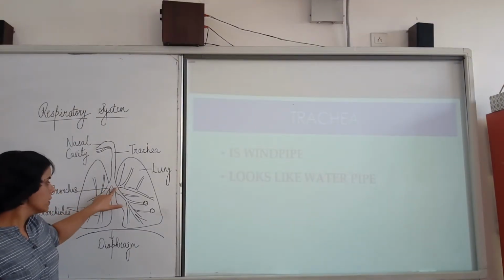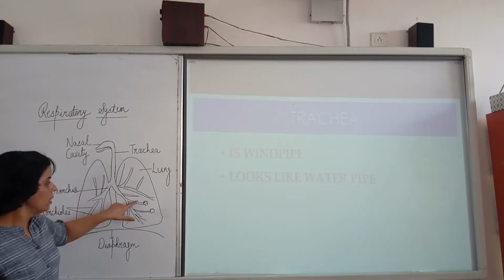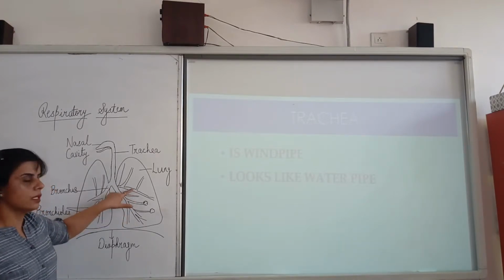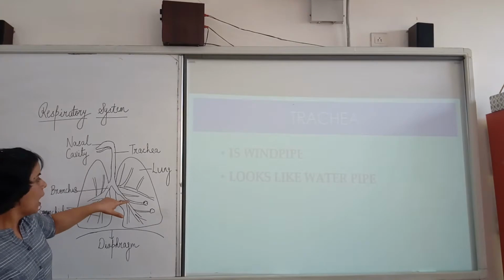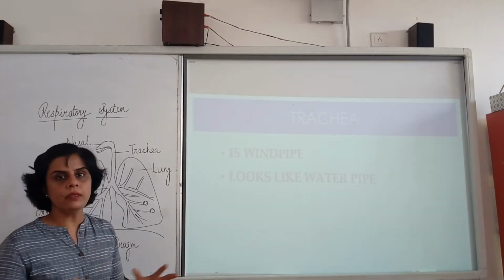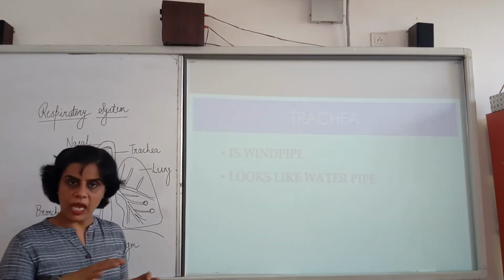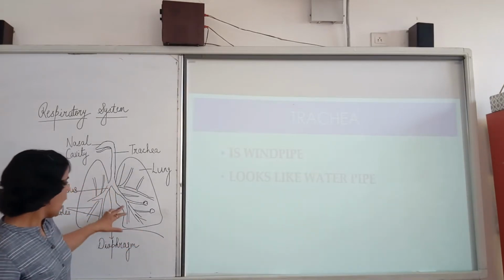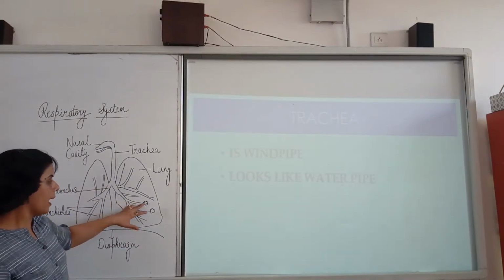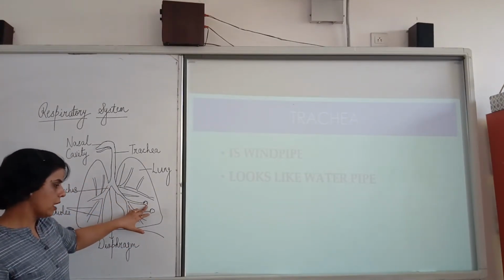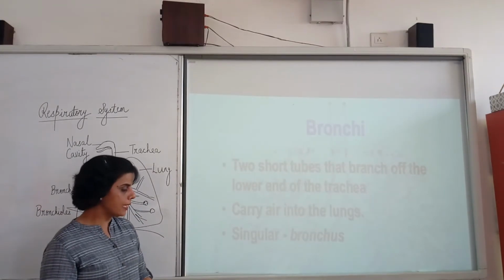Each bronchus is further divided into many thin tubes. It's a network of tubes, like the branches of a tree. Each bronchiole ends up with an alveolus or alveoli.